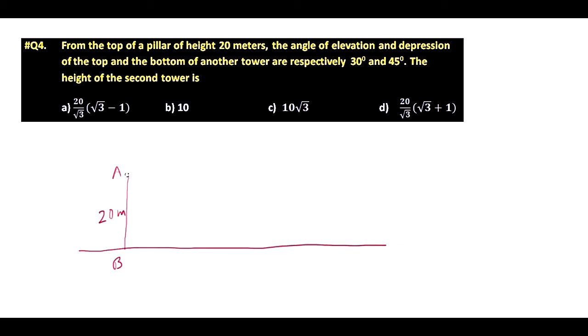Now there is another tower here, and from the top you are viewing and you got angle of elevation, which means the top should be at a higher level than this. So the other tower should be taller than the original. That's the idea you have to create, right?